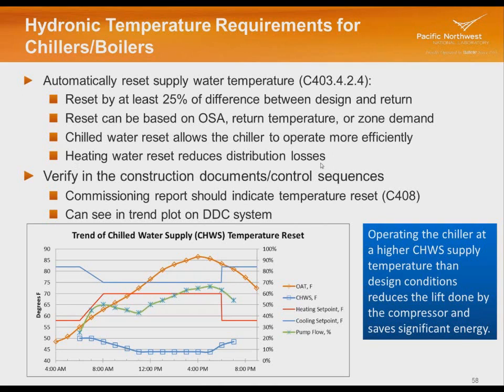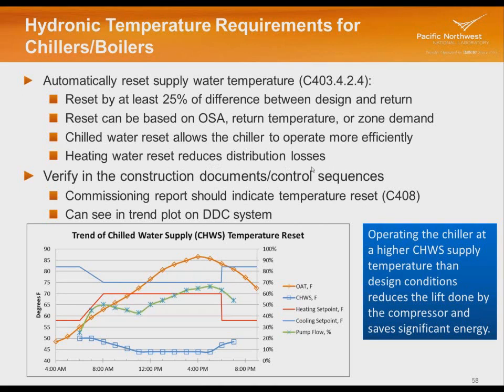Heating water reset provides a couple of benefits. On a condensing boiler, at a high return water temperature, a condensing boiler does not do us much good as far as condensing. So we want to reduce the distribution temperature. We only need the hottest heating water temperature at peak design when it's really cold outside.